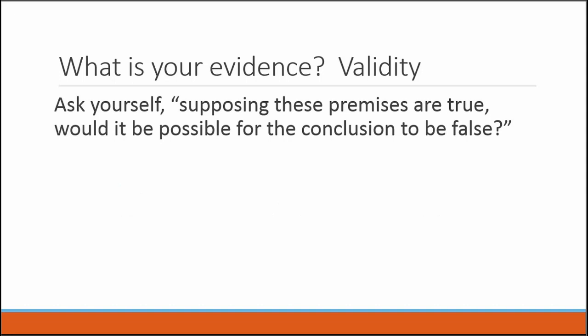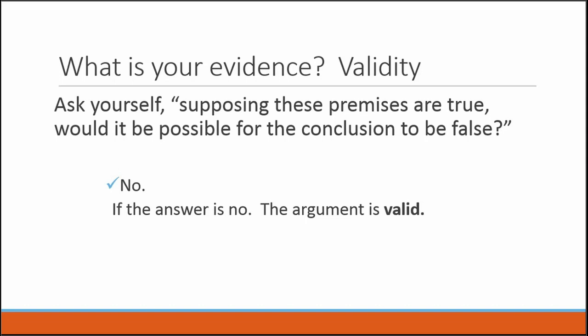But if the answer is no, if the conclusion has to be true under the supposition that the premises are true, then the argument is valid. If you suppose all the premises are true and it is not possible for the conclusion to be false, then the argument is valid.